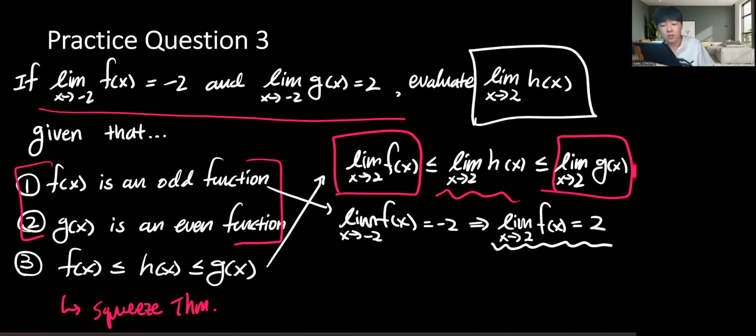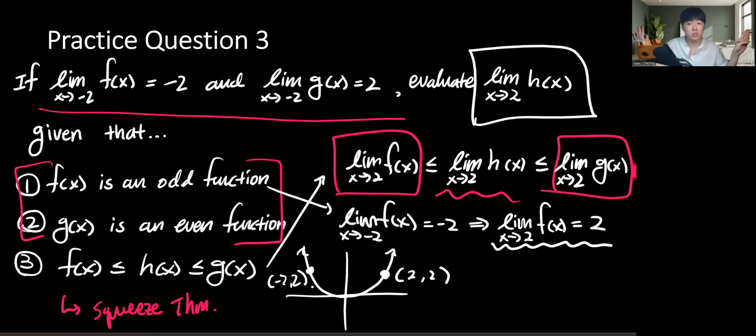And then the same thing for the even function. An even function is always reflected by the y-axis. So if you have (-2, 2), then you should have (2, 2). That's what it means by even function.